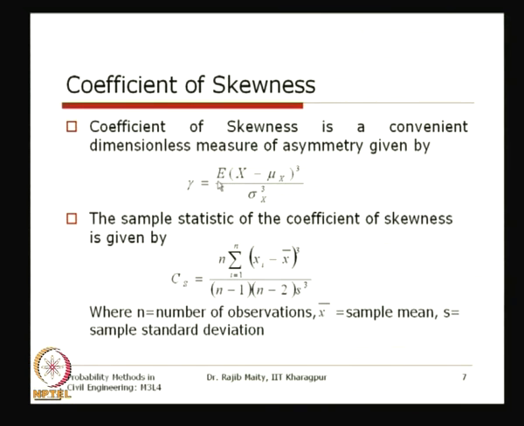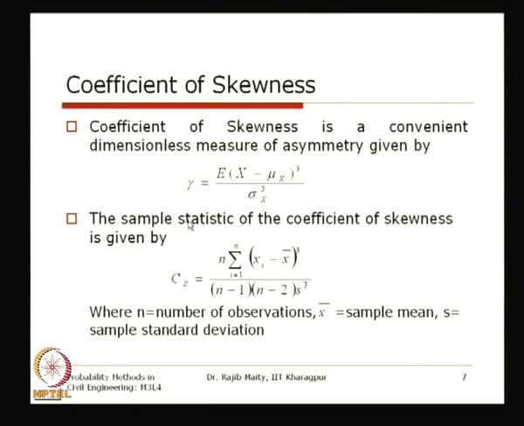Now if we have some sample data and we want to calculate this measure, the coefficient of skewness, from the sample data, there are some sample statistics based on which you can calculate it.